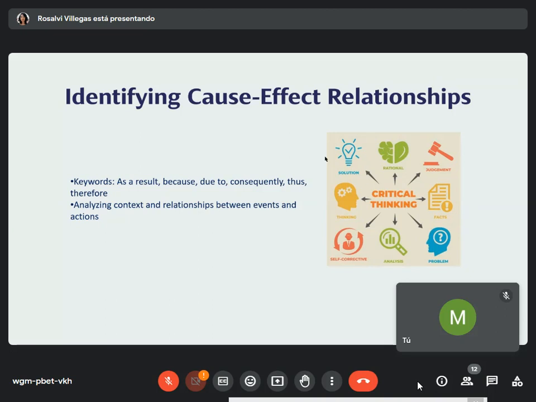I mean, the first one makes the other one happen. So in English, we use these types of words to recognize this type of relationship. For example, we use as a result, because, due to, consequently, thus, therefore.